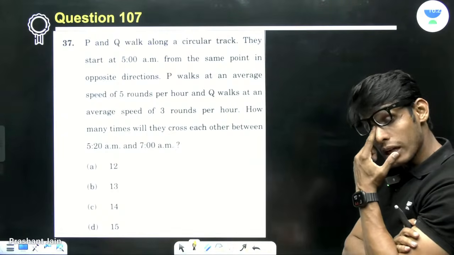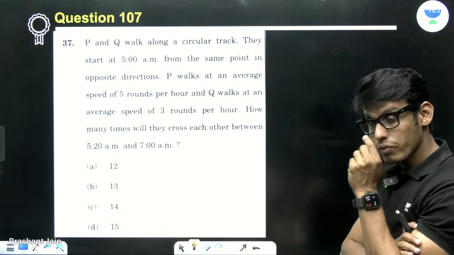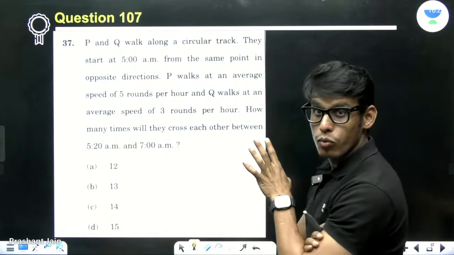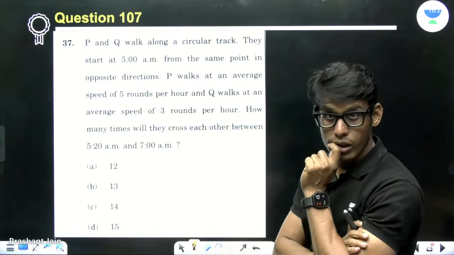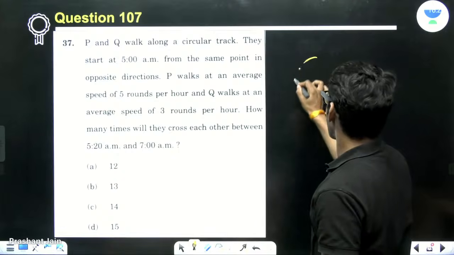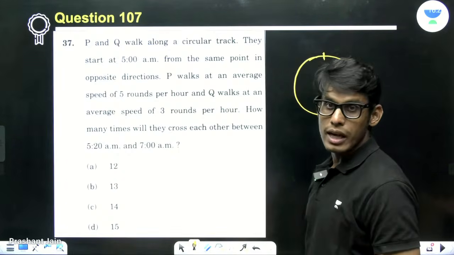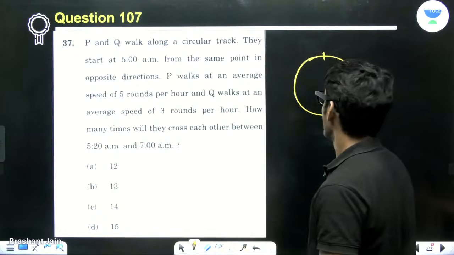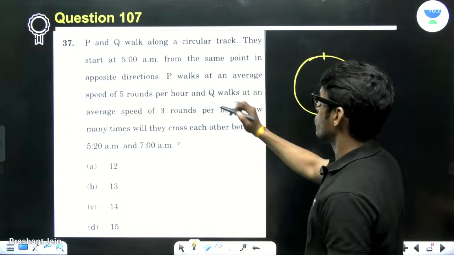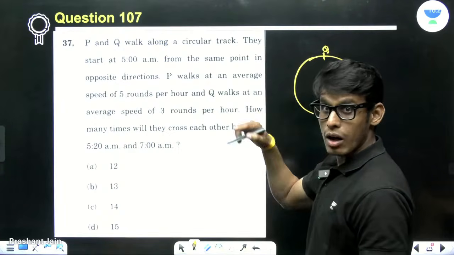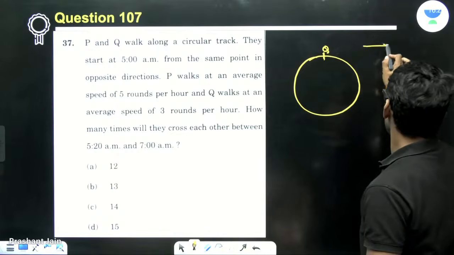Now, can we do it again by my logic? What was my logic? I will keep it static. Which one? This Q guy. But now they are walking in the opposite direction.